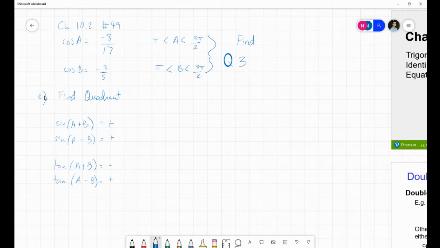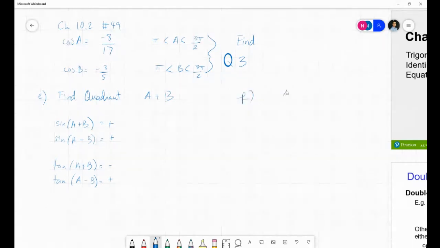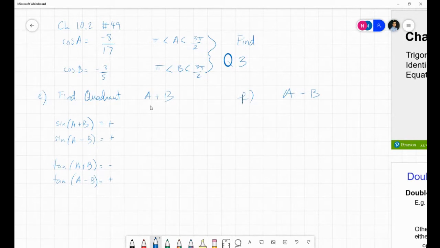Okay, so hold on. Let's look at what part E is. Find the quadrant of A plus B, and then part F would be A minus B. Yes, sir. Okay, go ahead with your question. When I found A plus B, sine is positive and tangent is negative, which by ASTC means it's in quadrant 2.